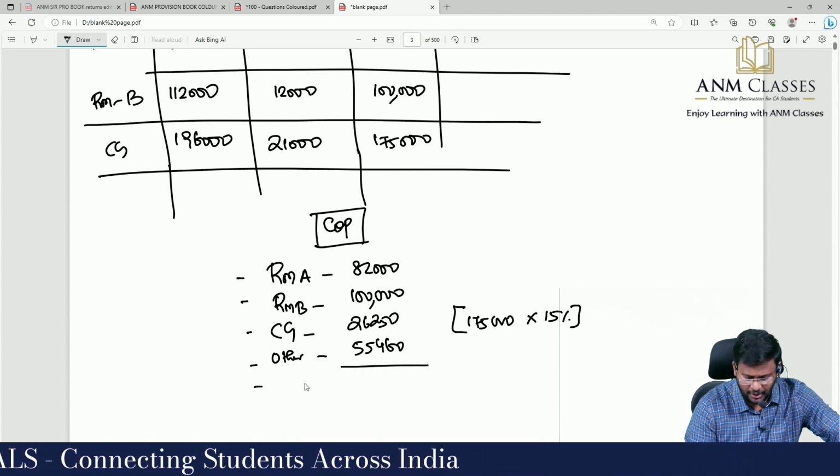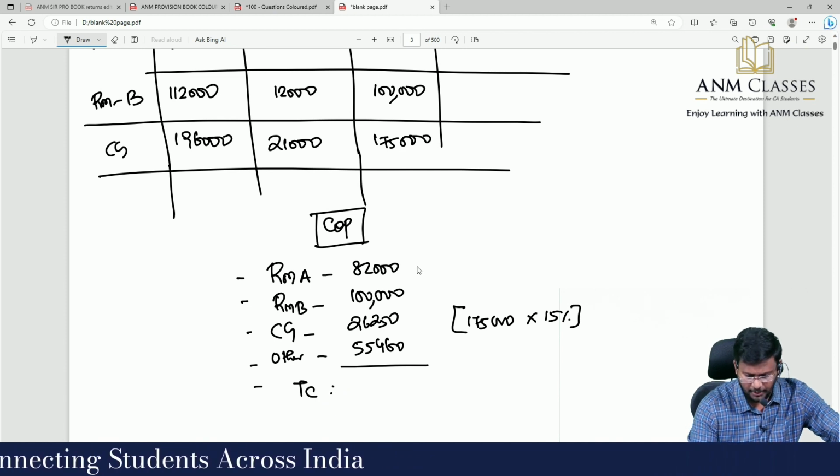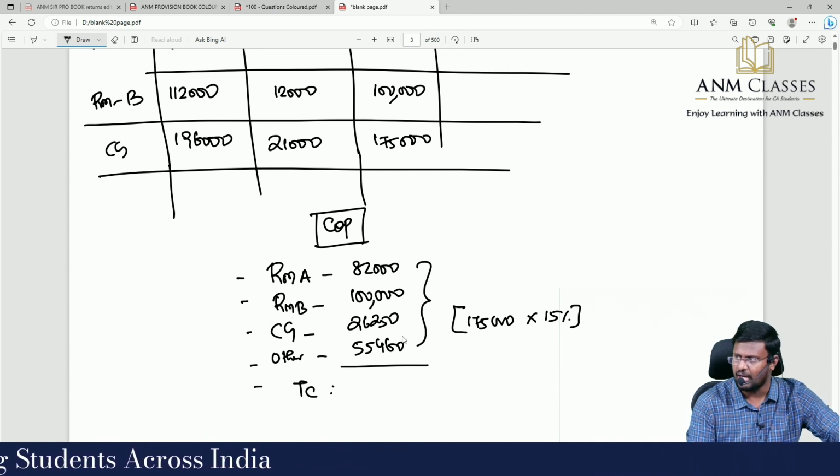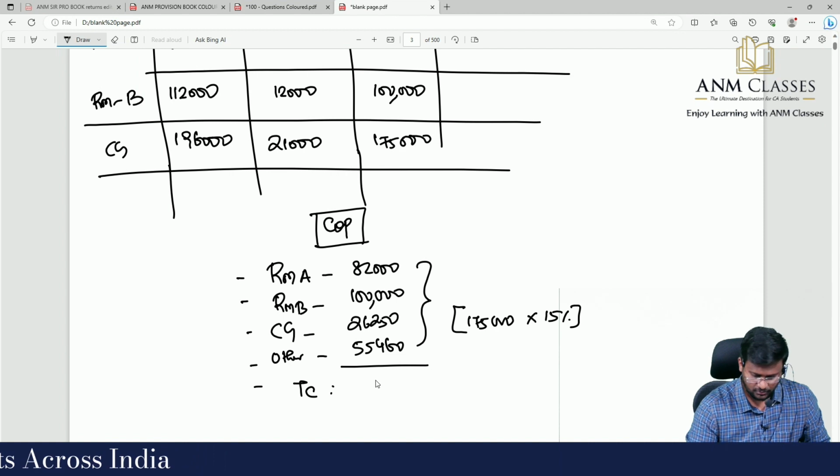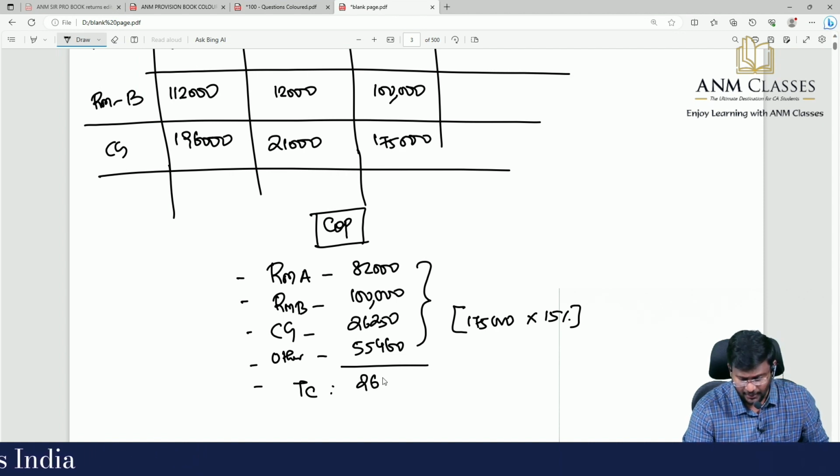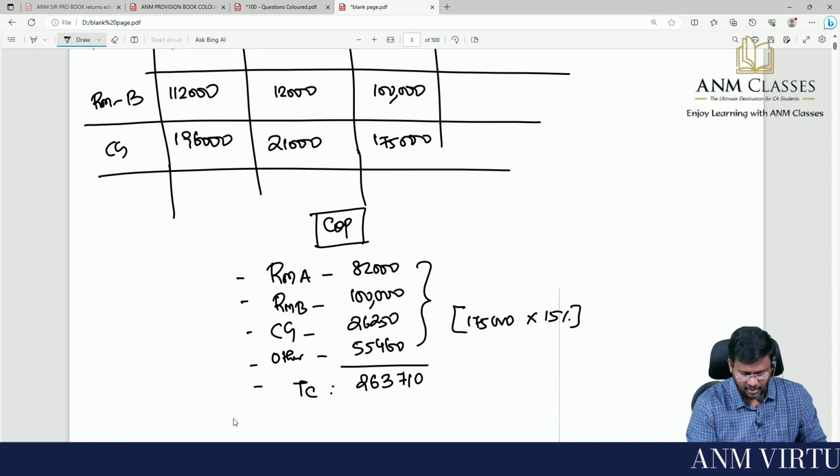Shall we find out the total cost first? The total cost comes to 2,63,710.